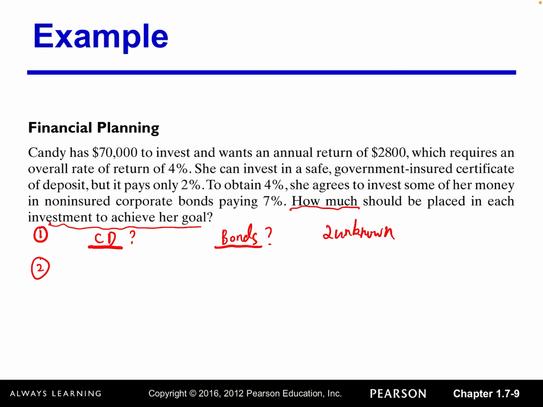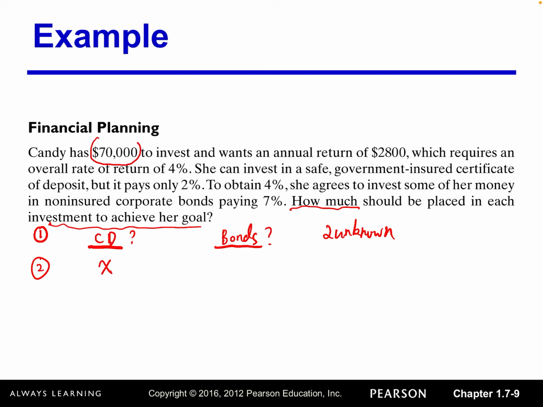All right, second step, we need to assign letters. Since we have two unknown quantities, we can let either one be x, and then the other unknown quantity we can represent in terms of x. For example, if Sandy invests x dollars buying the CD, then how much will she invest in bonds?